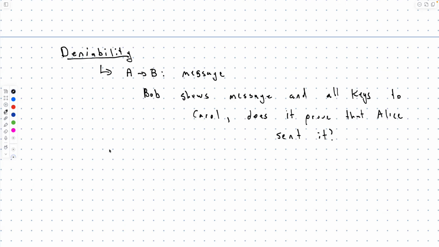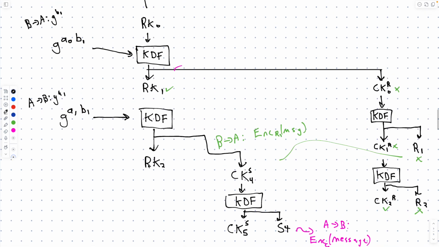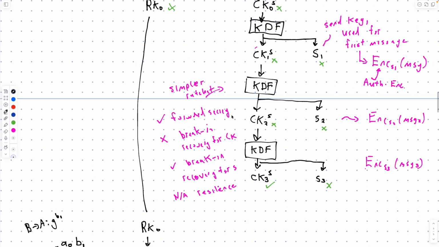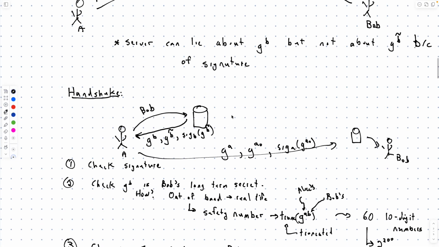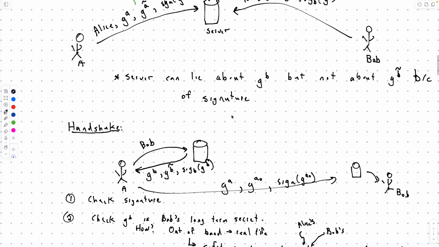Okay, any guesses? I think no. I want to say no, but I don't know why. Okay. Bob can forge the message himself because he has all the required keys.